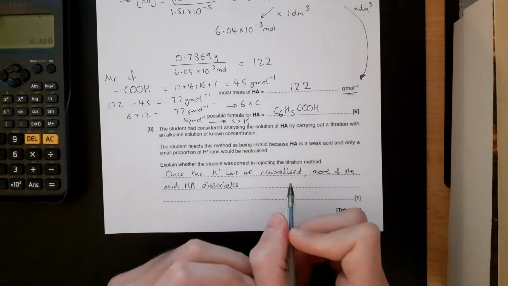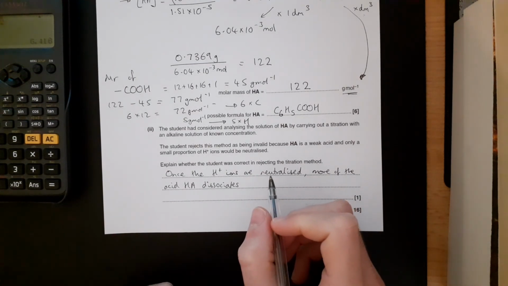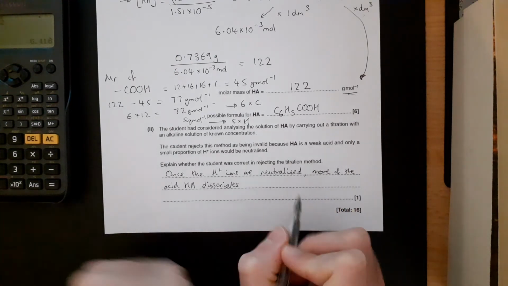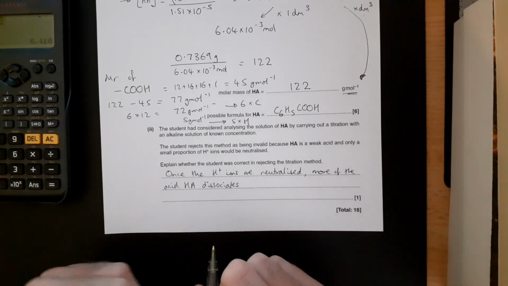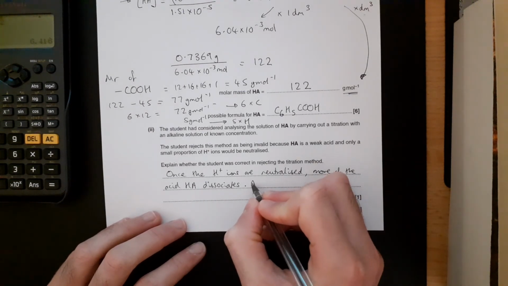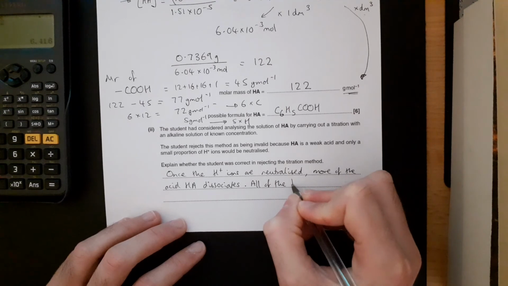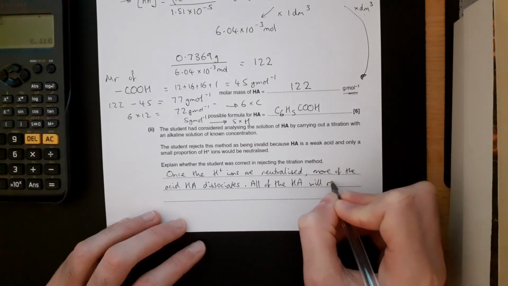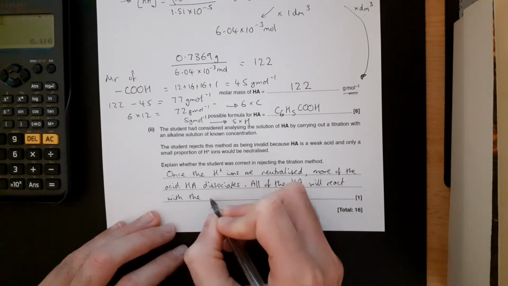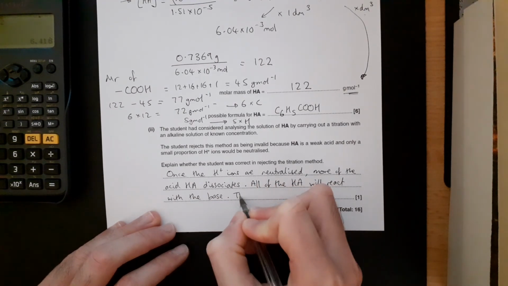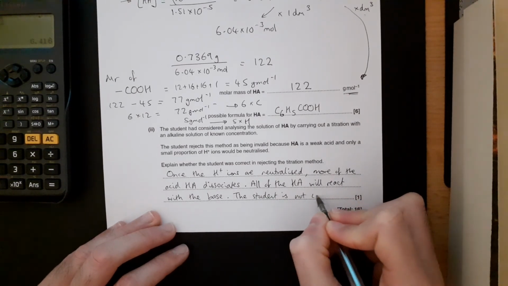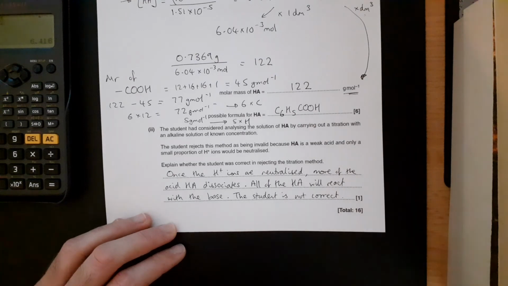Once you neutralise the H+ ions that are there, the equilibrium shifts to the right, and more of the acid dissociates. Then you neutralise those H+ ions, more of the acid dissociates, you neutralise it, and so on until you've used up all of the acid. All of the HA will react with the base. The student is not correct. You can do a titration with a weak acid. It's fine.